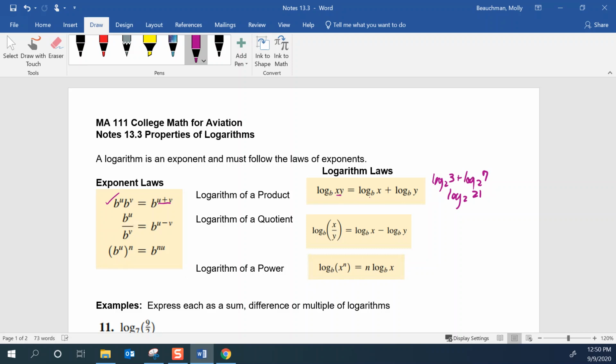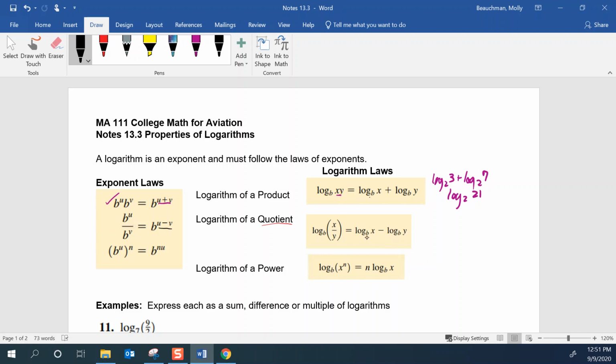Next rule is the quotient rule. When we're taking a look at exponents, the quotient rule is when you divide things with the same base, we end up subtracting the exponents. So the quotient rule for logarithms, if we take log base b of x divided by y, it equals the log base b of x minus the log base b of y.